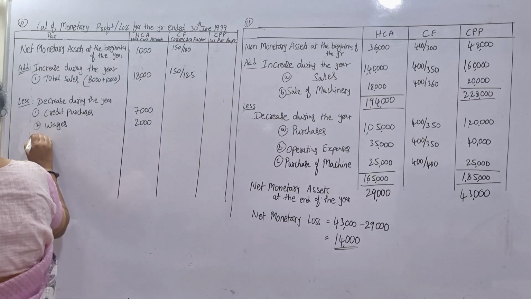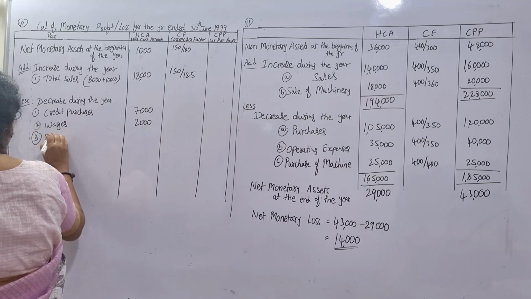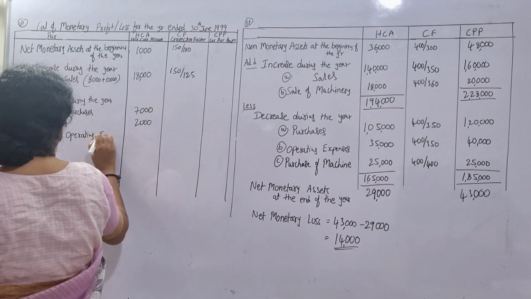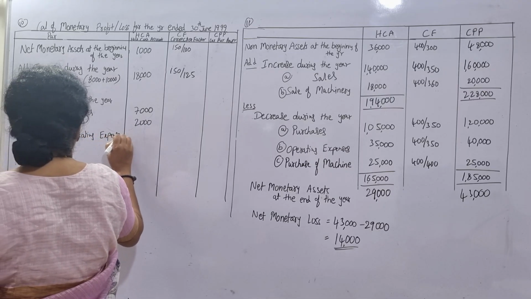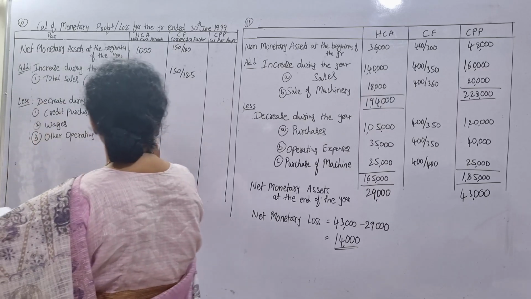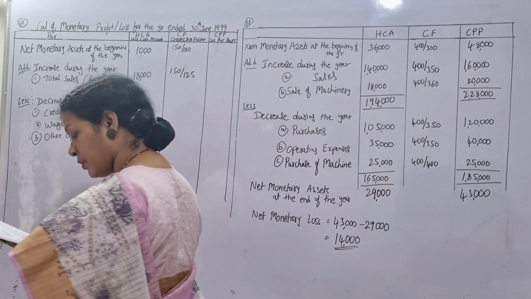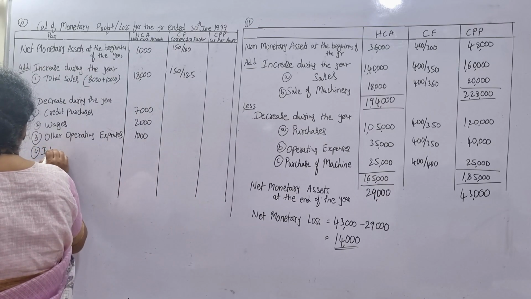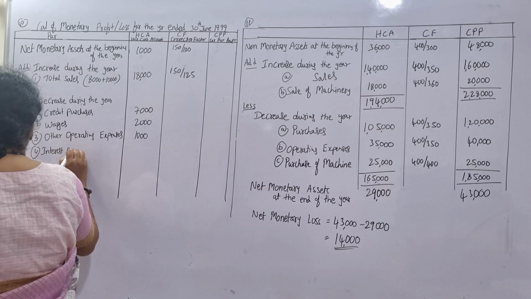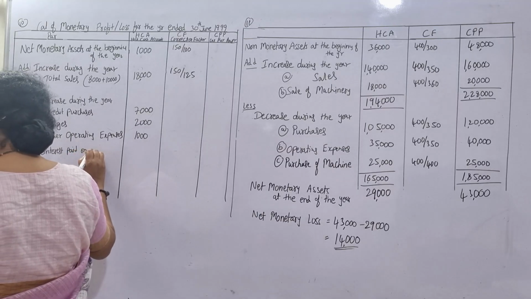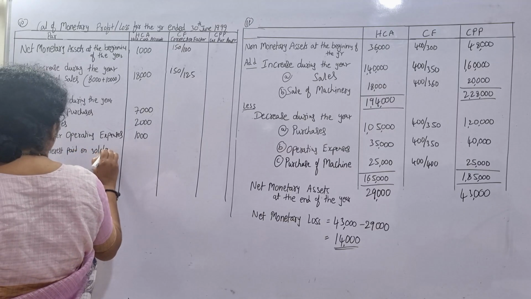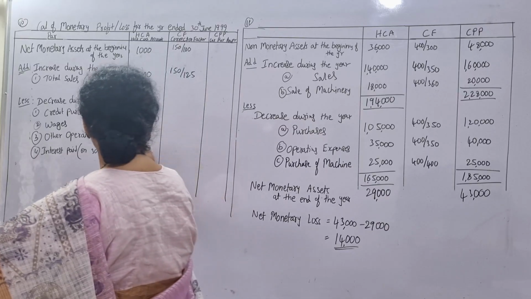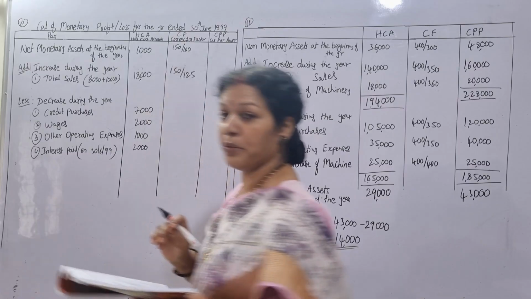Other operating expenses are 1,000. Next, interest paid on 30th June 1999. Interest here is 2,000. Now let's see what correction factor we have to take.